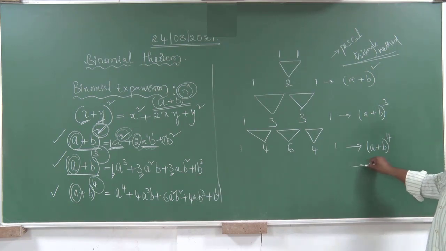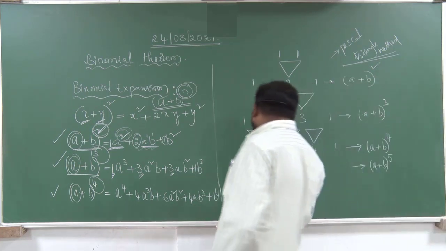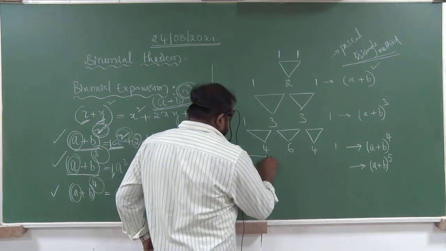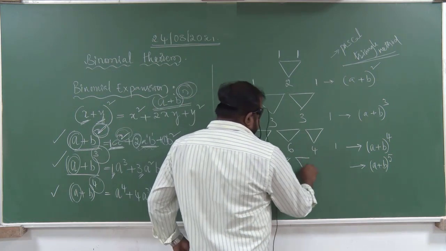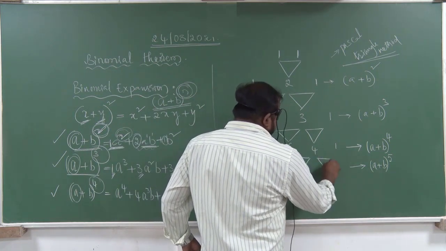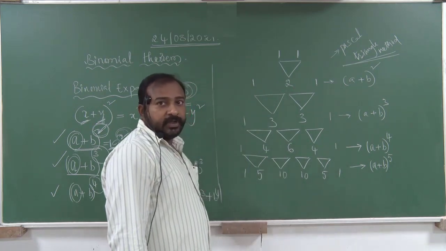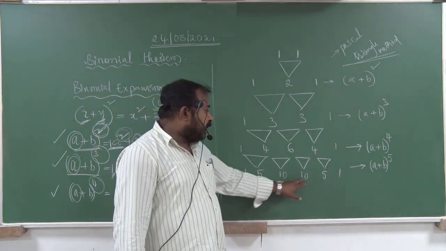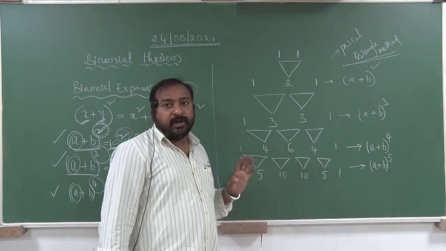Next, similarly, tell me, if you take (a + b) to the power 5, what will the binomial coefficients be? Add these, 5, add these, 10, add these, 10, add these, 5, keep 1, 1. That's it. So these are the binomial coefficients in the expansion of (a + b) to the power 5.